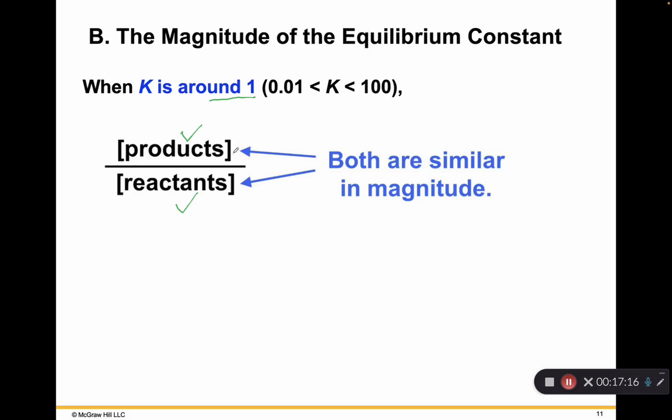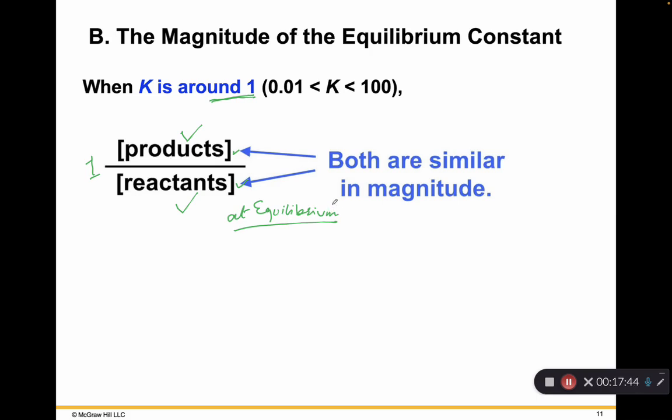The numerator and the denominator are similar. When they are similar, the value is close to 1. And that particular moment is the equilibrium. In this case, we say the reaction is perfectly at equilibrium. A K value equal to 1 means that particular reaction is at the equilibrium position.